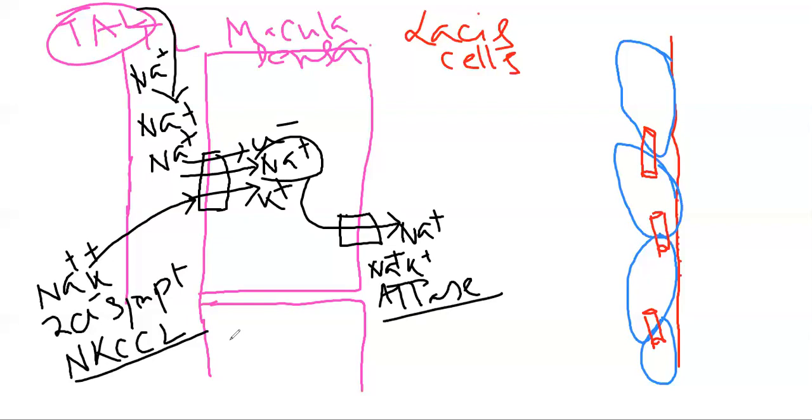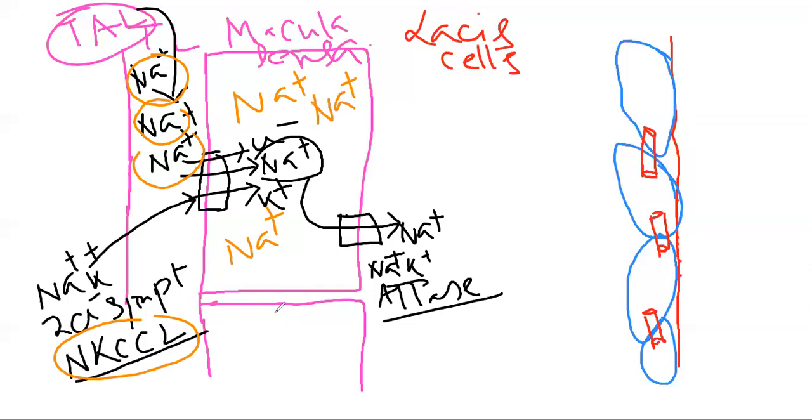But when there will be increased GFR, then what happens? Much amount of sodium ion will be present, and as a result all sodium ion will be reabsorbed first by this sodium potassium 2 chloride ion symporter, and so many sodium ions will accumulate in the macula densa.